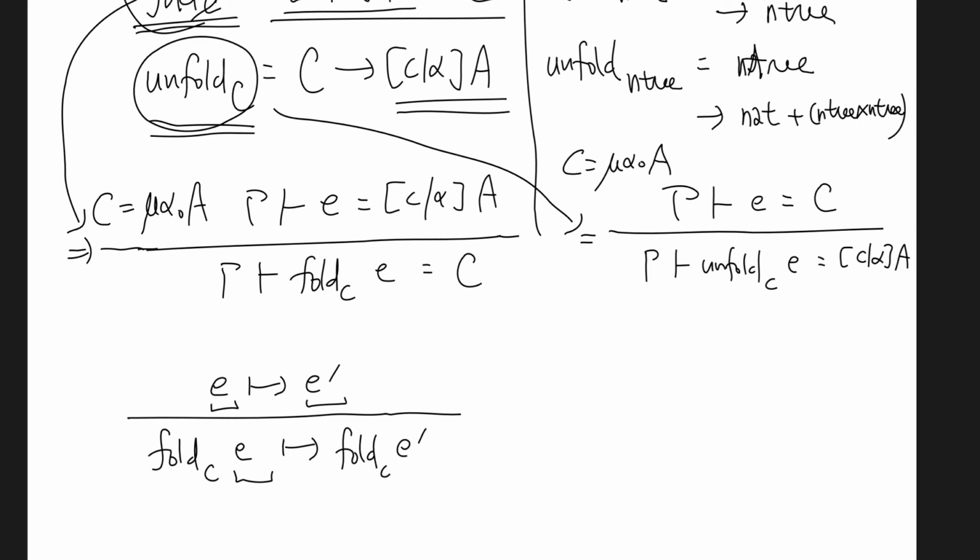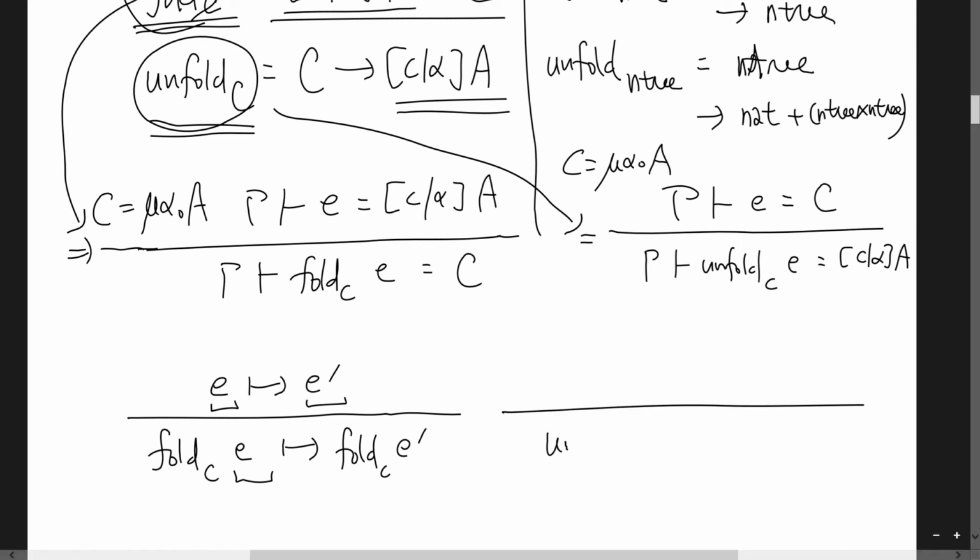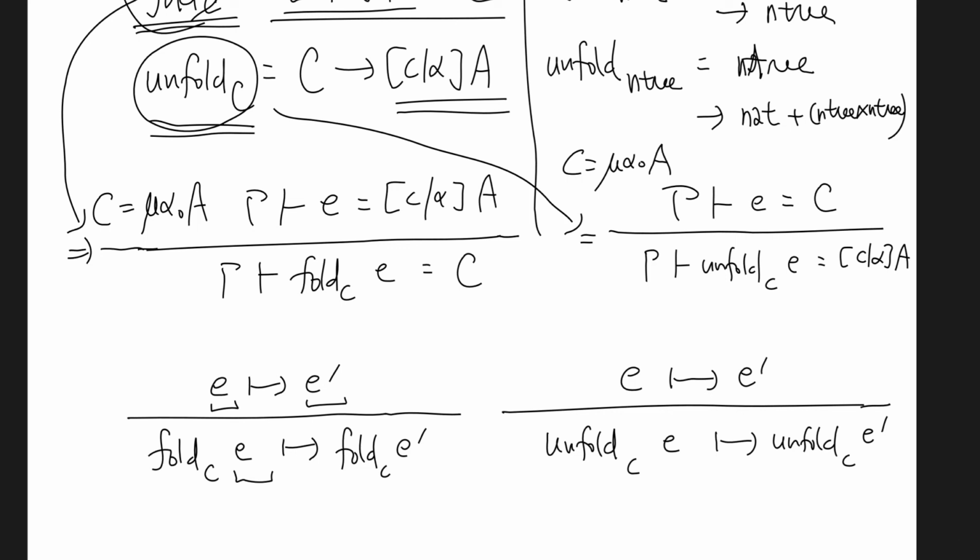And what about unfold? Unfold is similar, but with a key difference actually. First, this case is easy. Let's say expression E reduces to expression E prime, then unfold E reduces to unfold E prime. So that's easy.